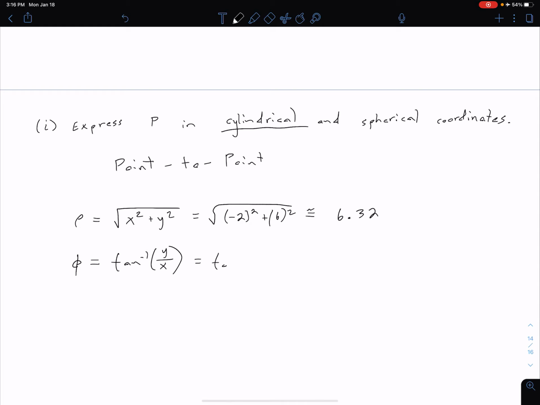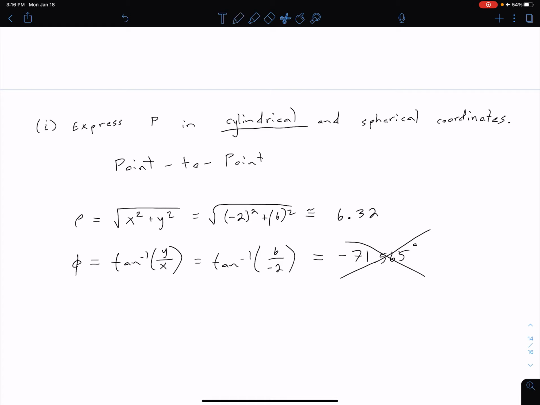So plugging in, we have inverse tangent of 6 divided by -2. Now you want to be careful plugging this into the calculator, because if you're working from an older calculator, for instance a TI-83 or TI-84, it's going to say that this is equal to -71.565 degrees, which is incorrect.